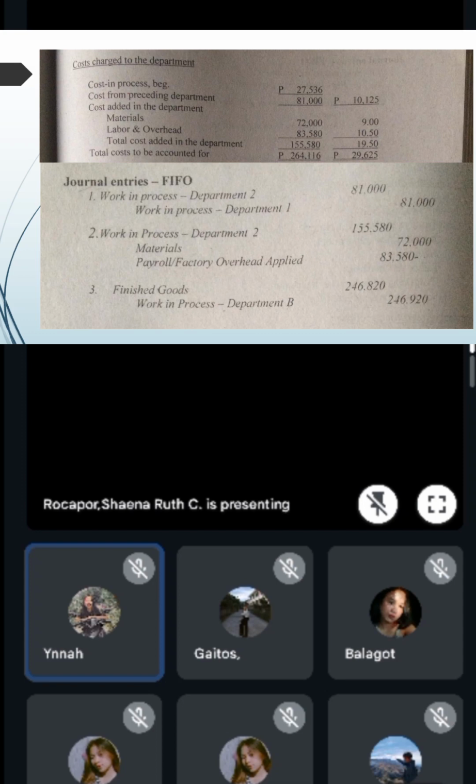Nakita natin dito the total cost payroll factory 83,580, above the total cost added in the department. So balance, pag inadd mo yung 72,000 and 83,580, magiging balance sa work in process department 2.